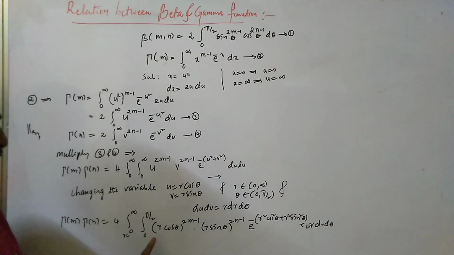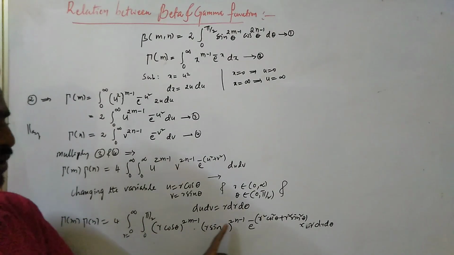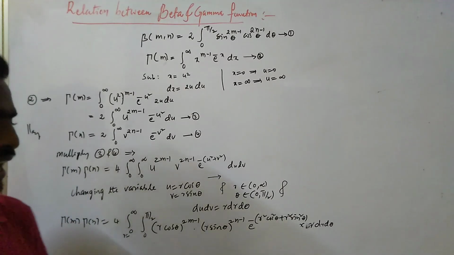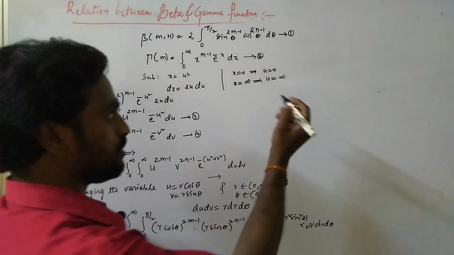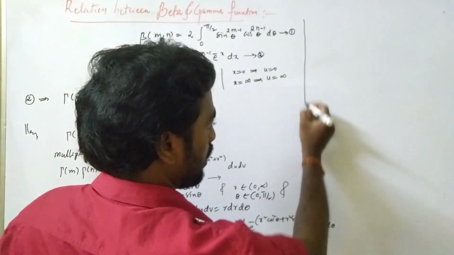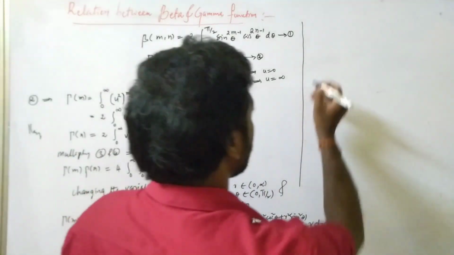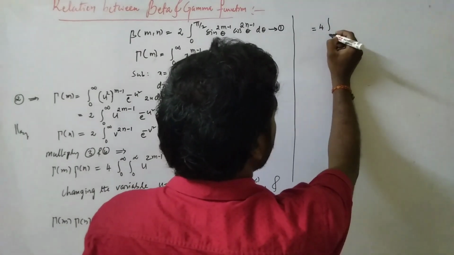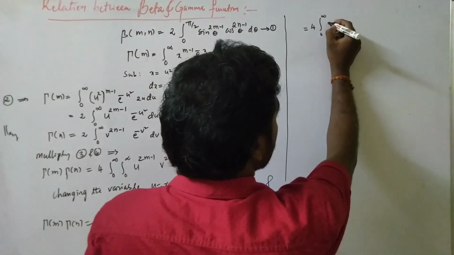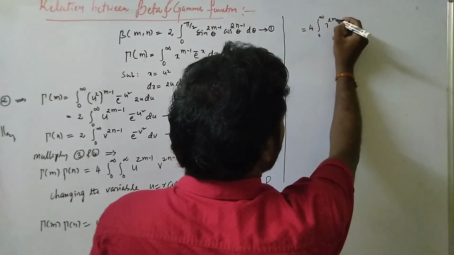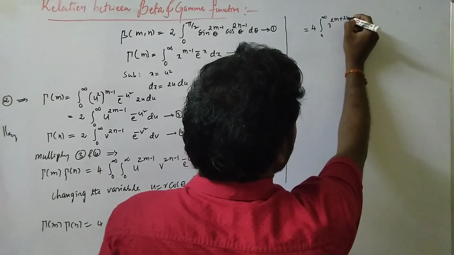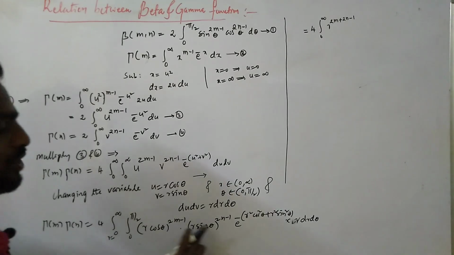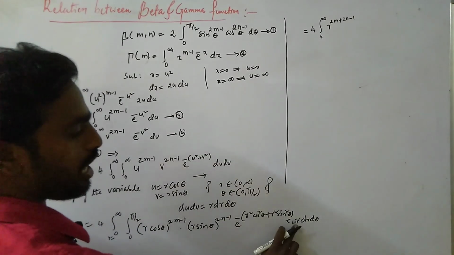So finally here r power 2m minus 1, r power 2n minus 1. The bases are equal, r and r, so the powers should be added. So gamma of m into gamma of n is equal to 4, a constant, 4 into integral 0 to infinity r to the power of 2m plus 2n minus 1, 2m minus 1 plus 2n minus 1 plus the r power 1.